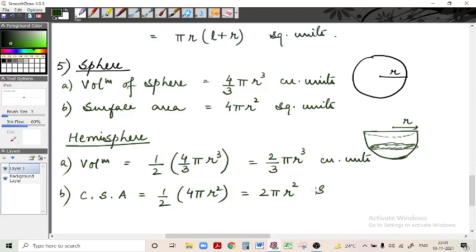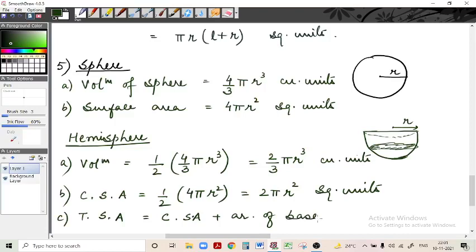Okay, then comes total surface area. Total surface area is this curved surface area and the area of the topmost part. So curved surface area plus area of top part, or you can say area of the base. Anyways, you can call it as. I'm just going to write it as area of base.